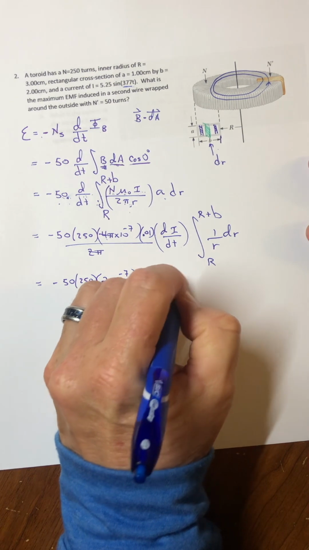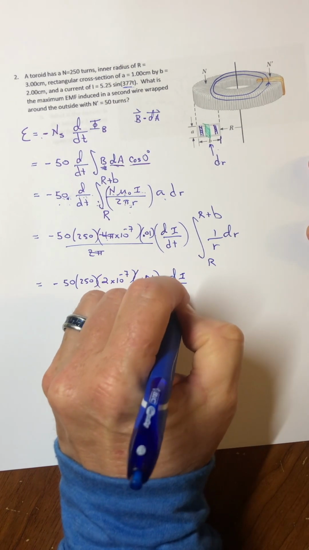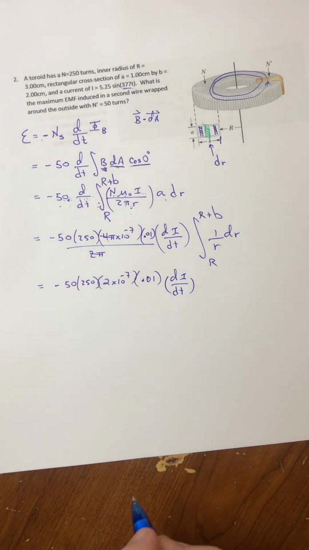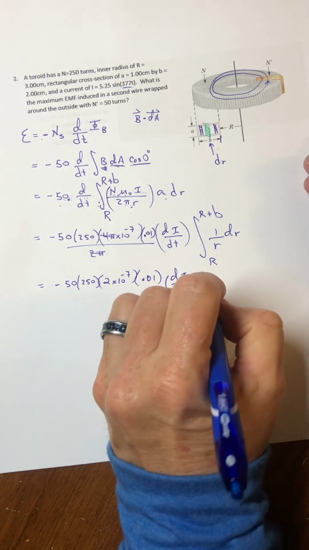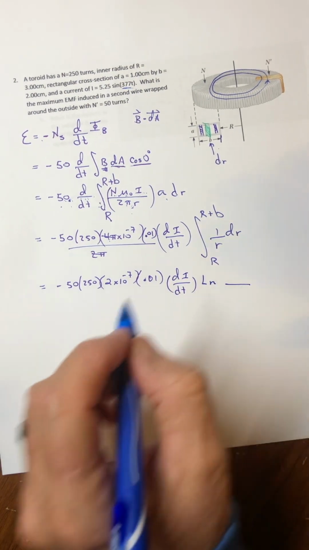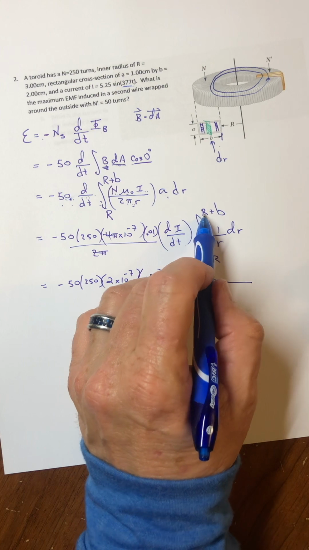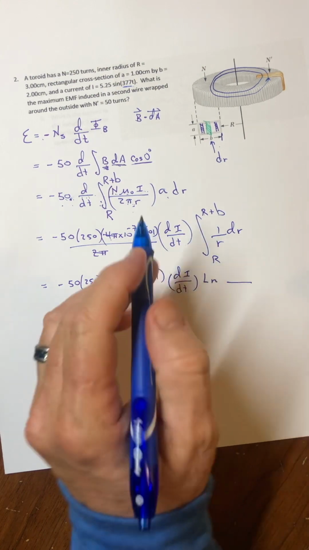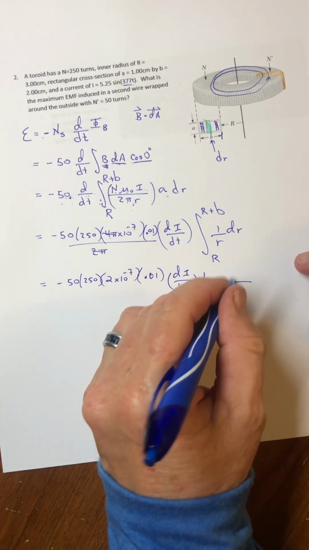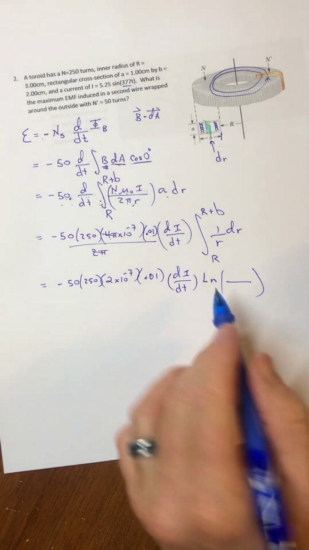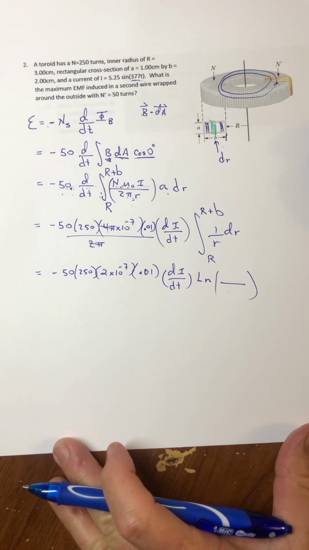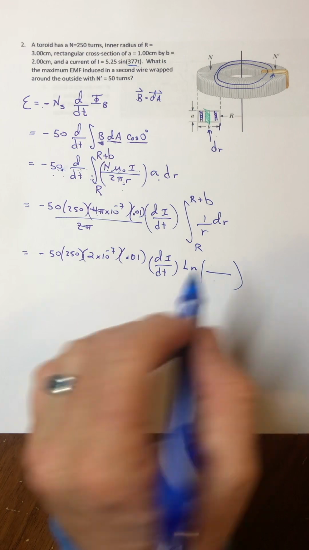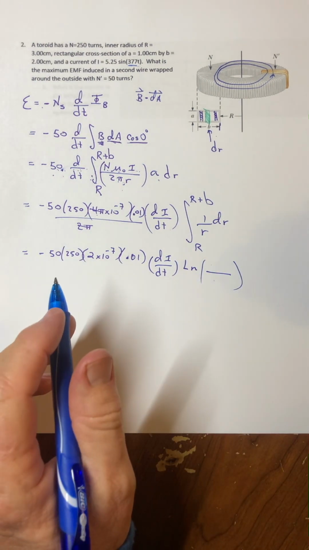Let me leave the derivative of the current alone for just a second. This then becomes ln of r plus b minus ln of r, but I can write that as a quotient. I'll take advantage of the properties of logarithms and do a quotient.